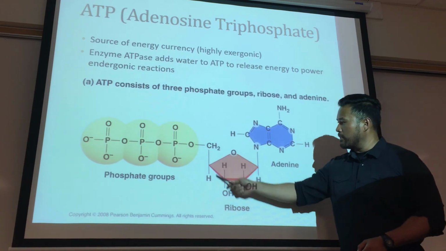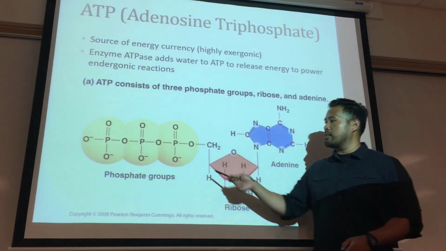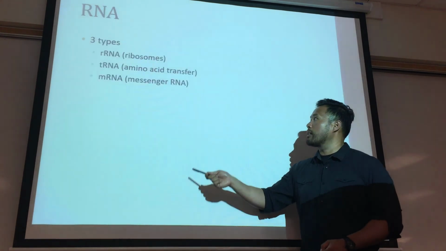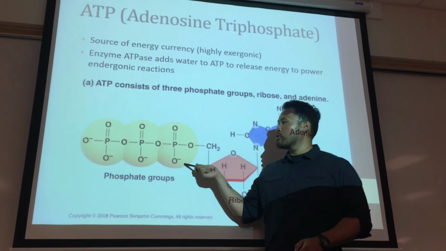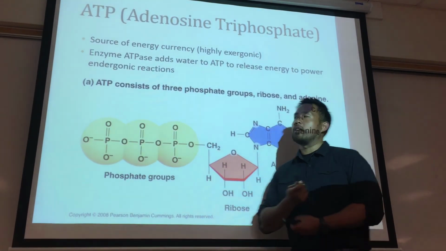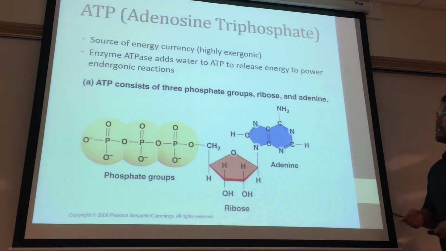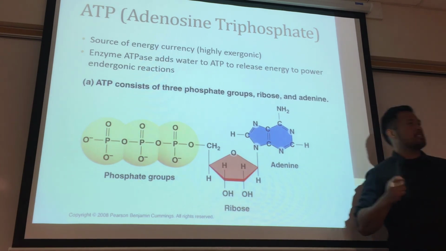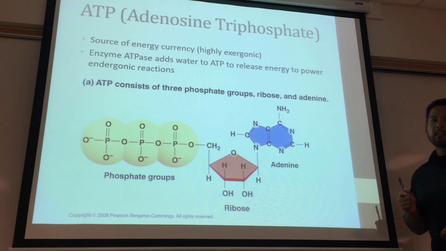We attach that pentose sugar, which we call ribose, and instead of a single phosphate group that you saw earlier, that same green thing you saw here, we string 3 phosphate groups together. The name of this structure is called adenosine triphosphate, and it's an important molecule because this forms the energy currency in our body. It is what holds a lot of energy in it.